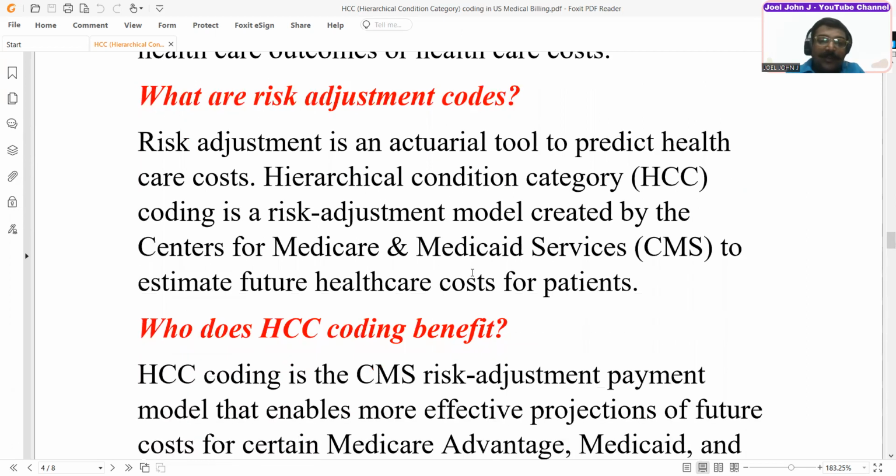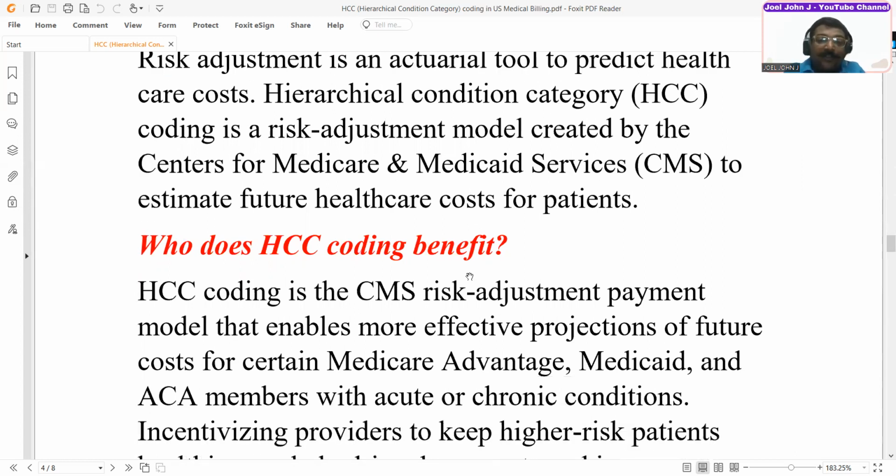What is a risk adjustment code? Risk adjustment is an actuarial tool to predict healthcare cost. HCC coding is a risk adjustment model created by the Centers for Medicare and Medicaid Services to estimate future healthcare costs for patients.